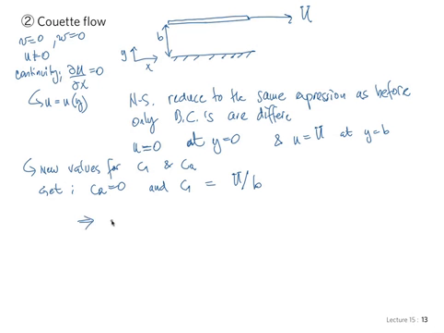So the result is that lowercase u, which is a function of y, is equal to capital U, the velocity of the plate. I wish I'd used a different letter, but it's too late. Times y divided by b, plus 1 over 2 mu dp/dx times (y squared minus by).